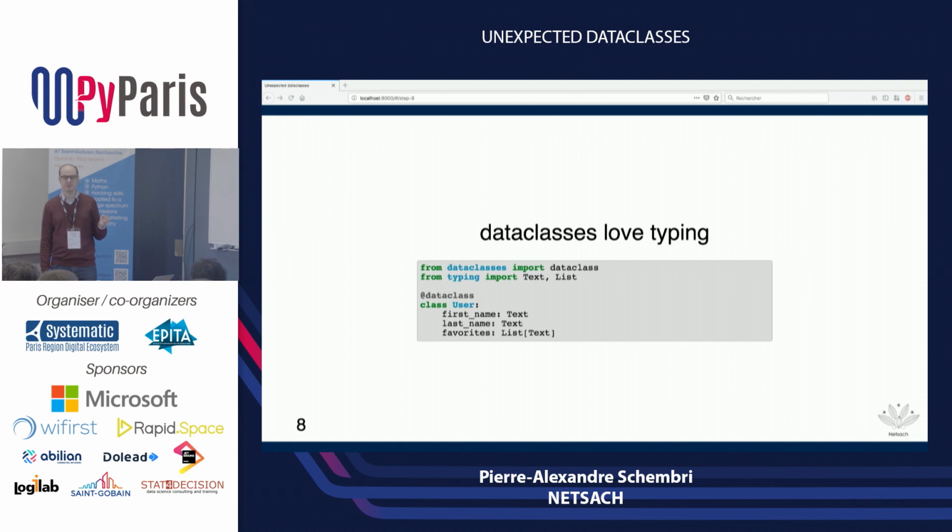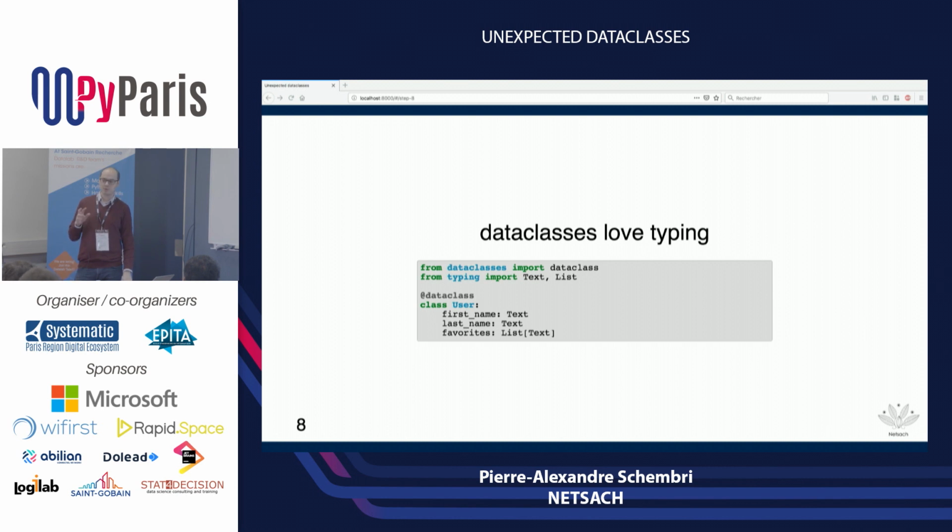And for the favorites, we said earlier that it's a list. But we will add information that it's a list of text. So we don't want anything besides that. However, we did not initialize our instances when we create users. And right now, all the fields are mandatory. So when you create a user, you have to set all the fields.